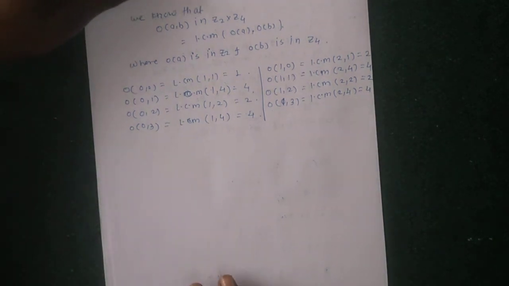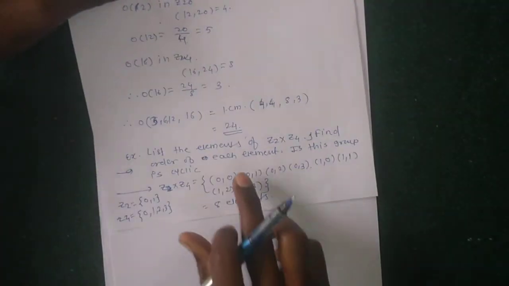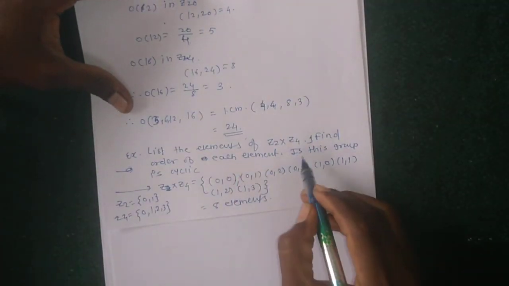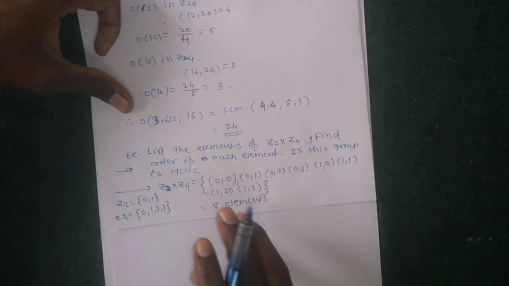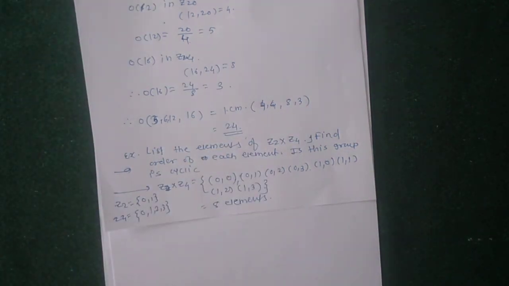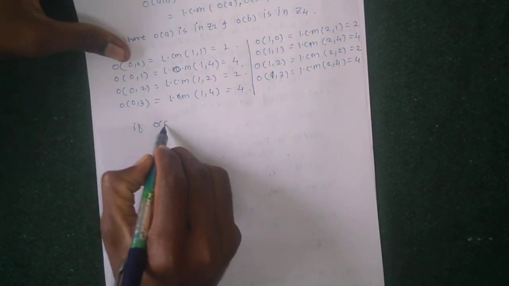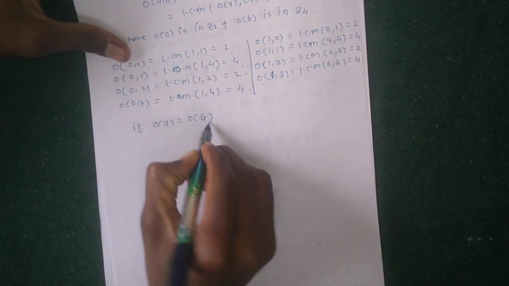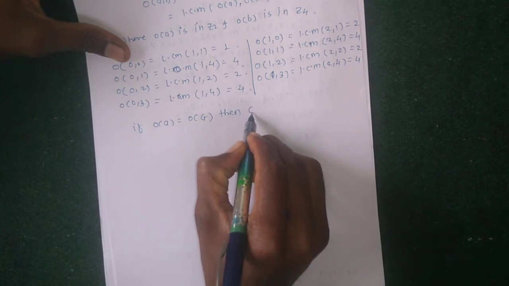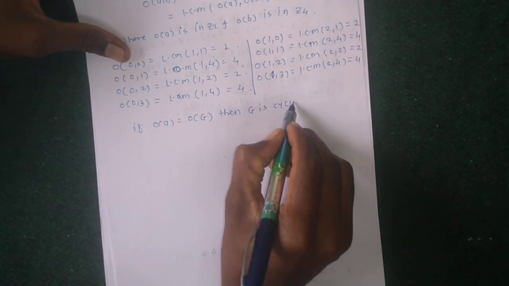Now, is this group cyclic or not? How do we find that? Here is a result we know: if the order of a equals the order of G, where a belongs to G, then G is cyclic.